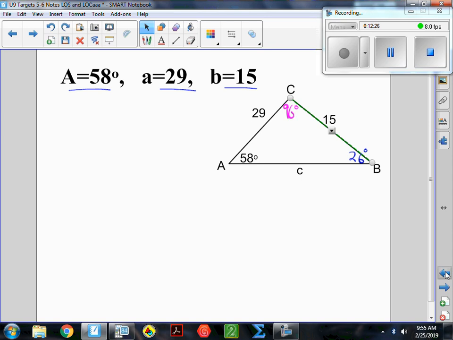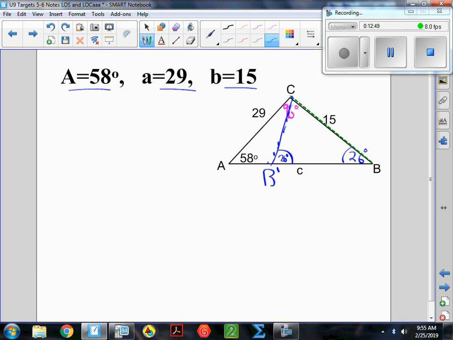If I didn't know that and I said, okay, well, maybe there's this second triangle, and there's this second B and we're trying to figure out what that is. Well, if that's the case, then these have to be base angles, 26 degrees if this were to happen.